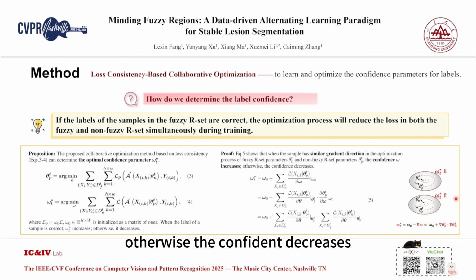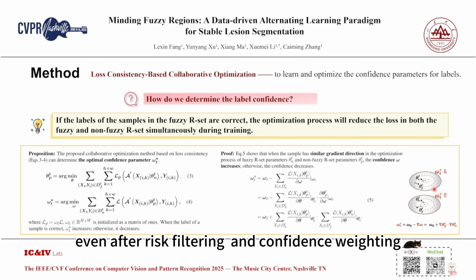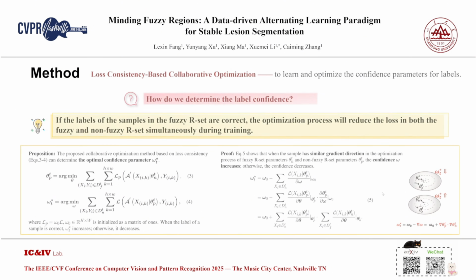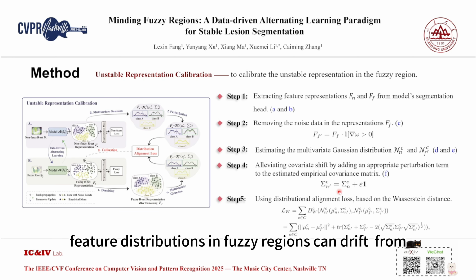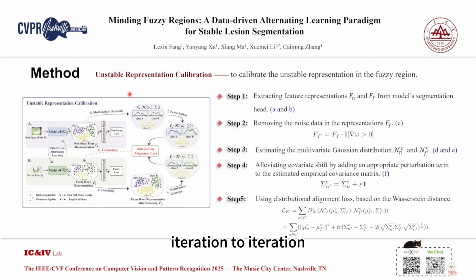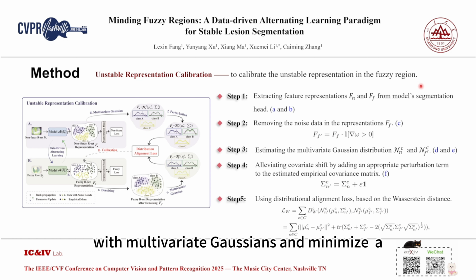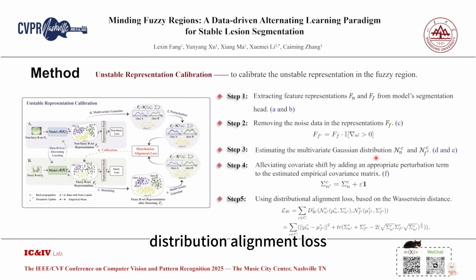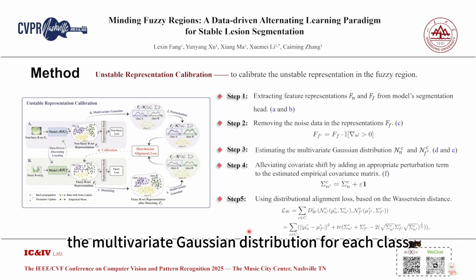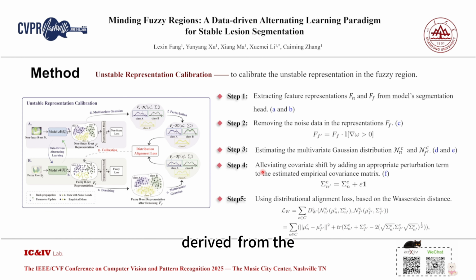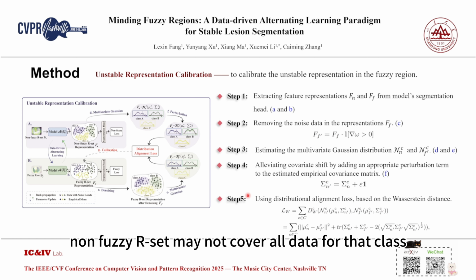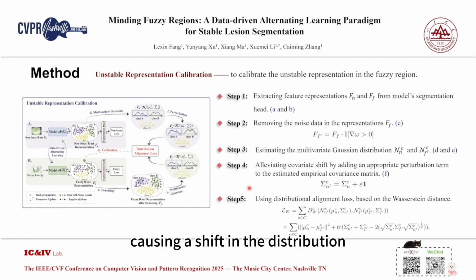Otherwise, the confidence decreases. Even after filtering and confidence weighting, feature distributions in fuzzy regions can drift from iteration to iteration. We model the embeddings of each branch with multivariate Gaussians and minimize a distribution alignment loss. It is important to note that the multivariate Gaussian distribution for each class derived from the unfuzzy set may not cover all data for that class, causing a shift in the distribution.